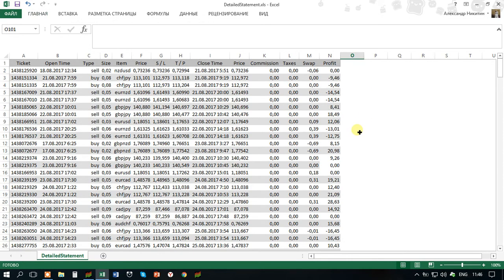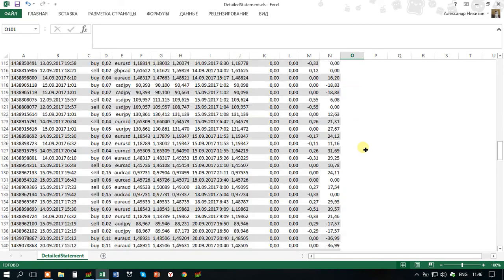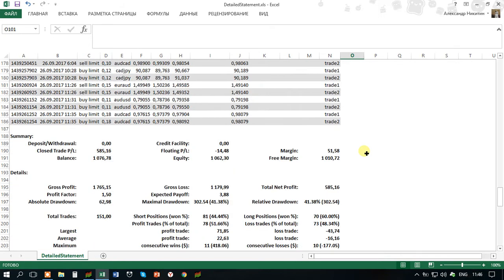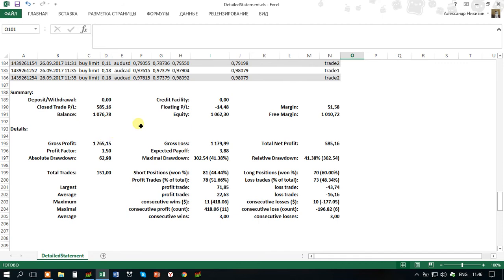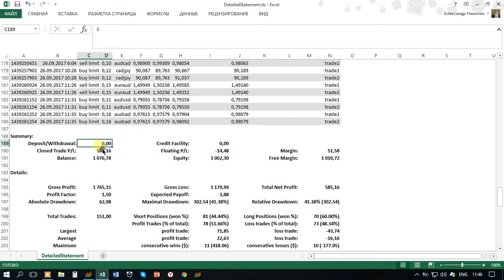The changes are done. I will only type some formulas for automatic calculation of new numbers. First of all, what I need is the deposit withdrawal, the amount that I started with for this period of time. How we calculate it: it equals the balance that I have right now minus the profit. So the amount is 491.